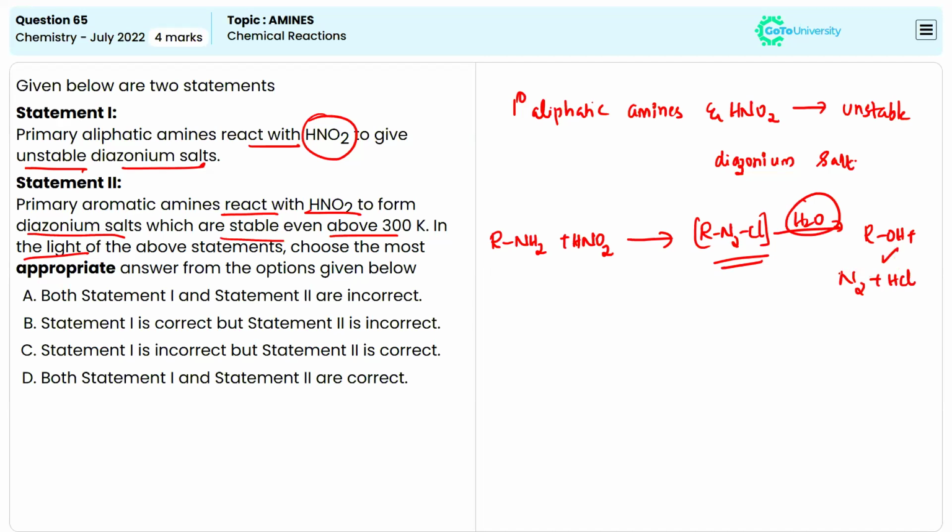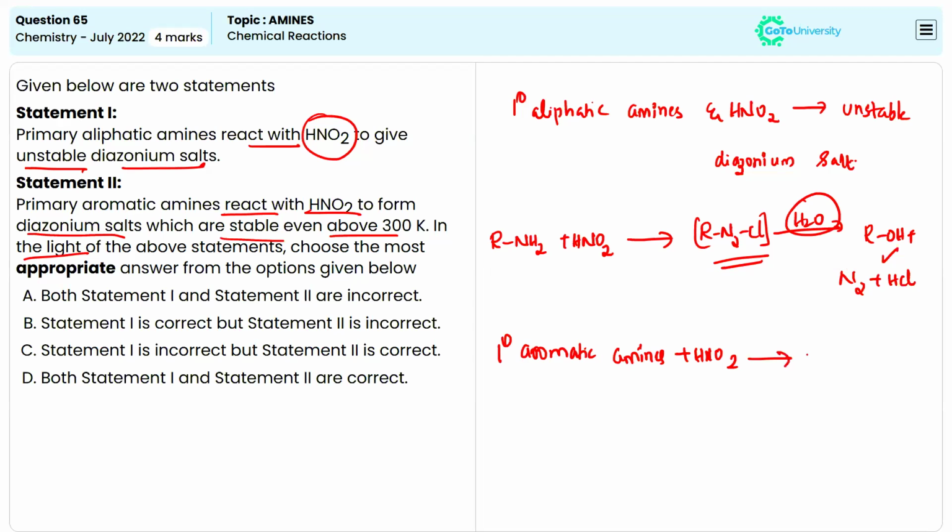Now, when you take primary aromatic amines and HNO2, primary aromatic amines plus HNO2. Okay, so what is the reaction here? They also produce diazonium salt.